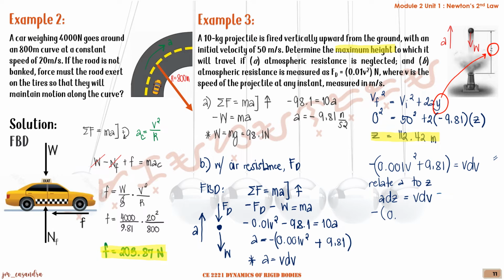With that, we could also simplify it. Since we are solving for dz, we could write this as dz equal to V dV over A. Or we now have dz is equal to V dV all over A, which is now equal to V dV over negative 0.001 V squared plus 9.81.